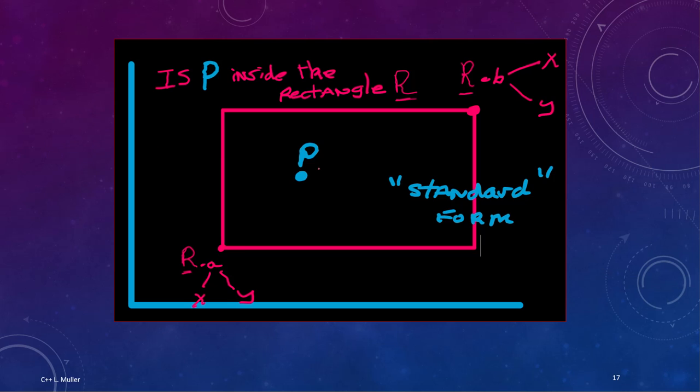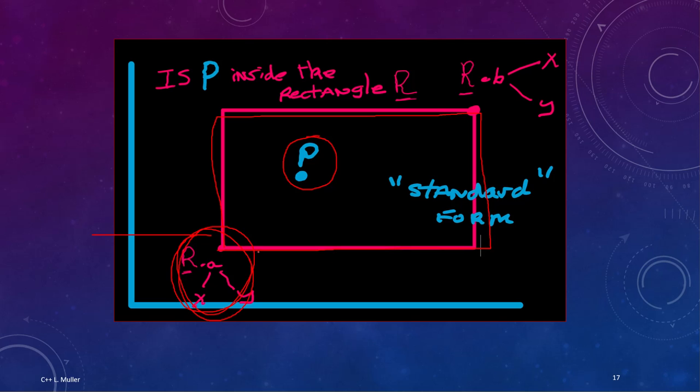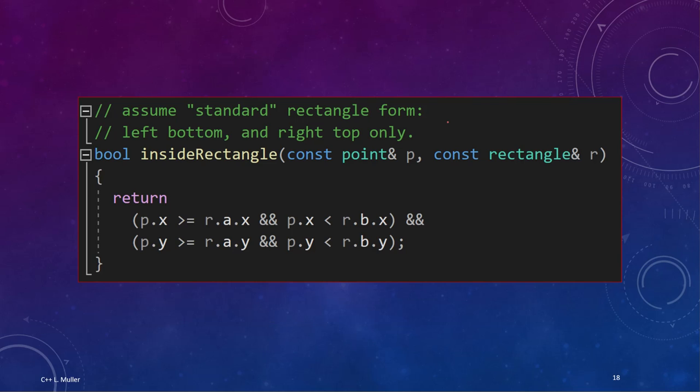What if we had another graphics program, somebody gave me a point and they asked, is it inside this box? Is it inside this rectangle? So we have a bottom point and we have a top point. Great. But we're assuming that those are the 2 points we have, that the rectangle is in standard form. If it is in standard form, then we can use this relationship here about x and y. And you can see if a point is inside the rectangle.